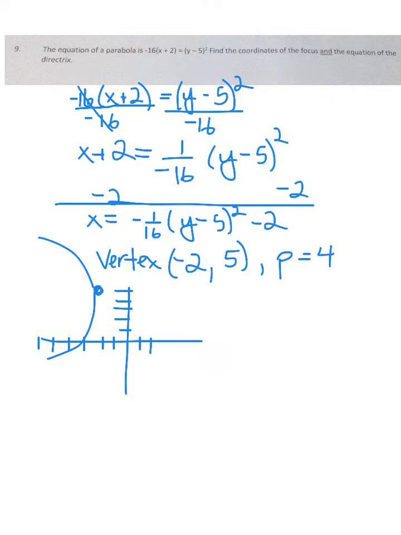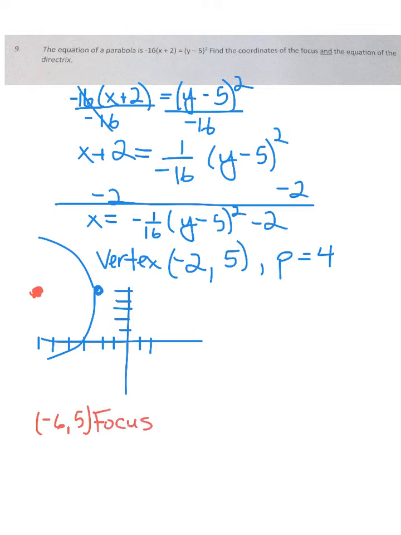Okay? All right. So if I move 4 units to the left, that's going to bring me right here. And the coordinates of that point, I'm going to write them down here below, but the coordinates of that point then would be negative, let's see, we've got 2, 3, 4, 5, 6, right? So -6, 5. And that would be your focus.